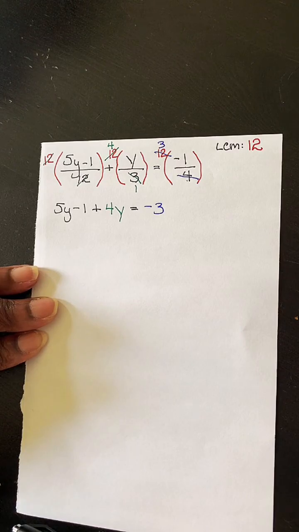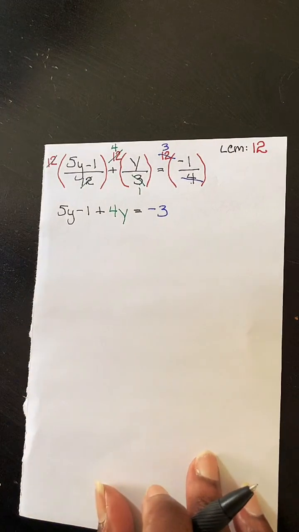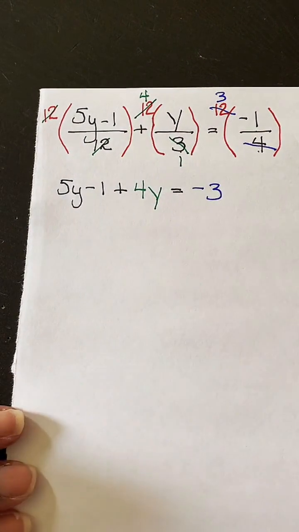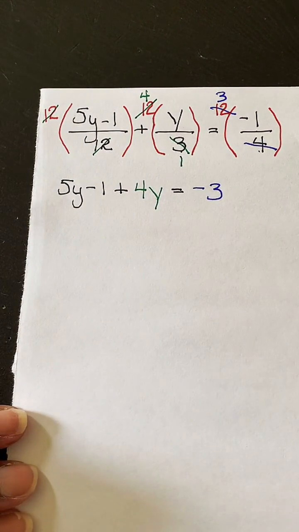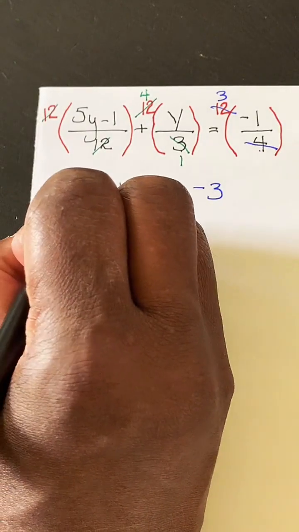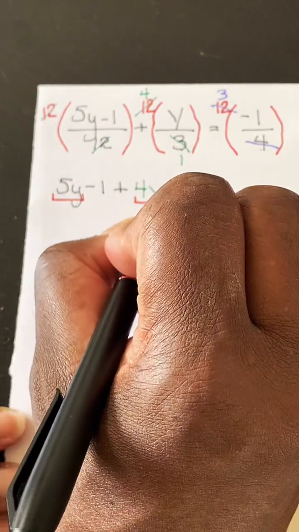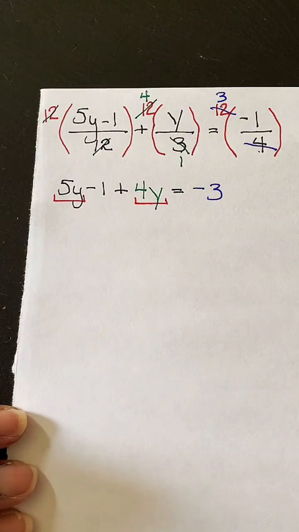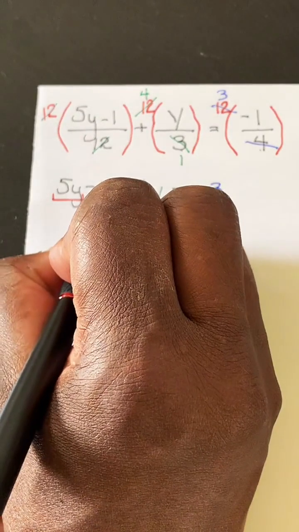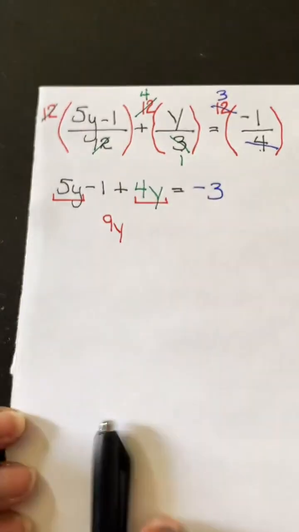All right. So now, this is a multi-step equation. I notice our y's are on the same side of the equal sign. So if I go ahead and combine those, I will get my 9y.